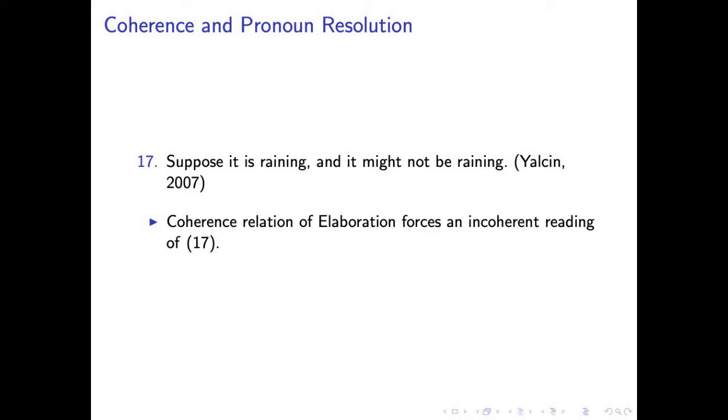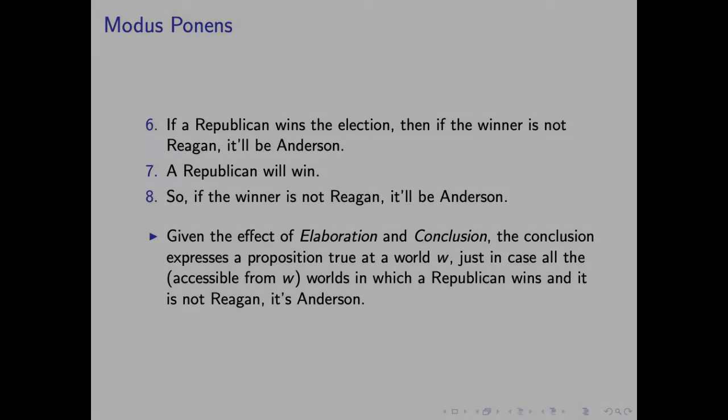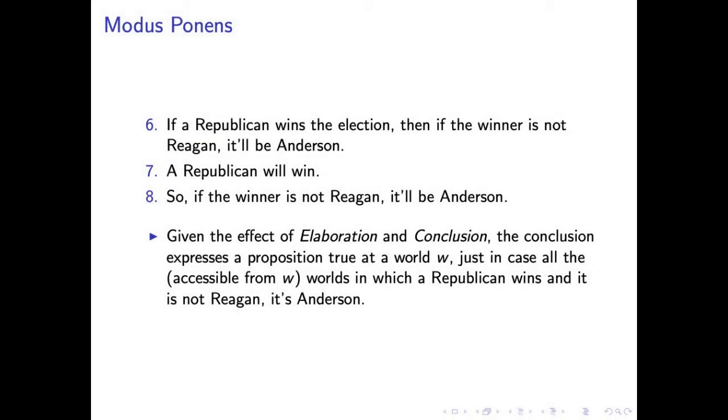Okay. So taking that on board now, let's try to use that to account for our problematic cases. So take Modus Tollens again. Here's the idea. The thought is, well, the argument is also a structured discourse. In particular, the premises tend to a conclusion in a premise-conclusion relation, which requires that the conclusion be interpreted, which makes prominent for the interpretation of the conclusion the body of information that incorporates the information expressed by the premises.